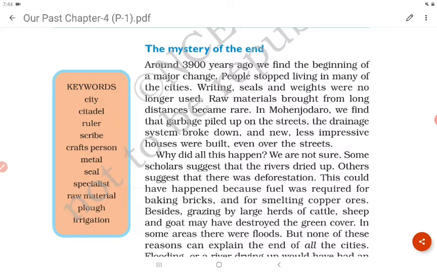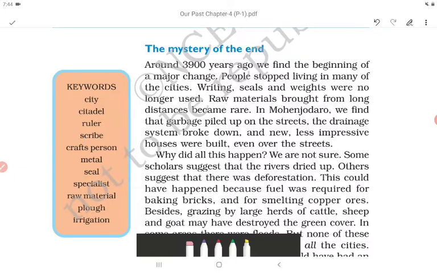Around 3,900 years ago, we find the beginning of a major change. People stopped living in many of the cities. Writing, seals, and weights were no longer used.